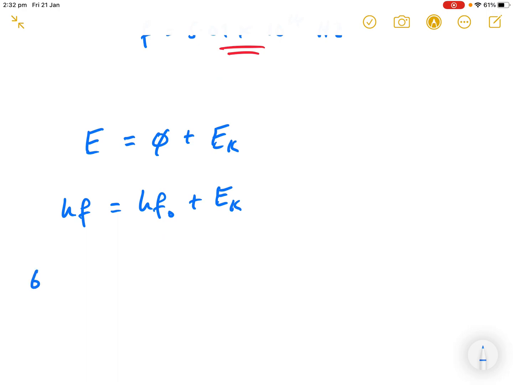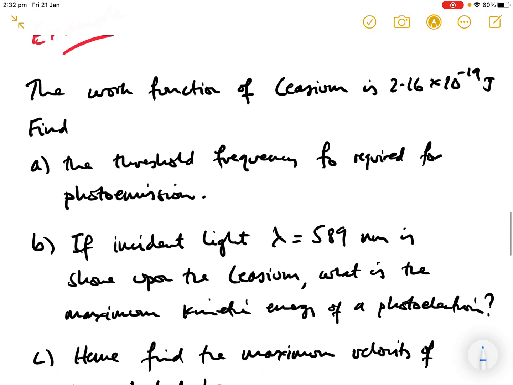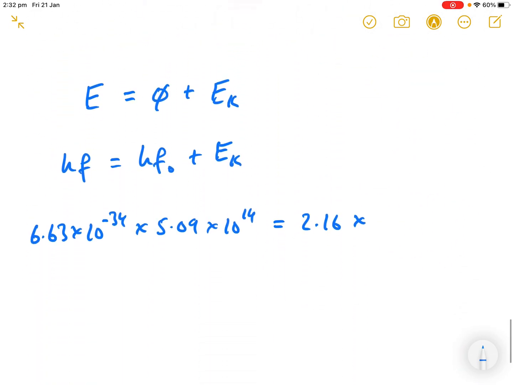So hf is Planck's constant times the frequency I've just worked out, 5.09 times 10 to the 14, and that equals my work function, 2.16, what was it again, times 10 to the minus 19, plus the sought EK.